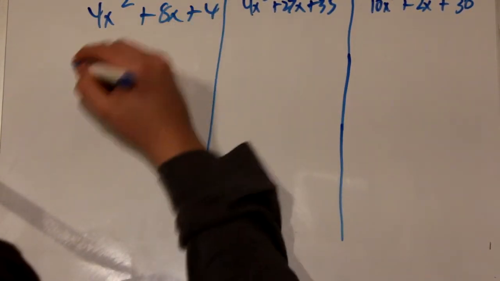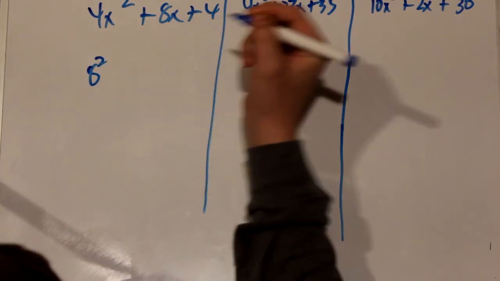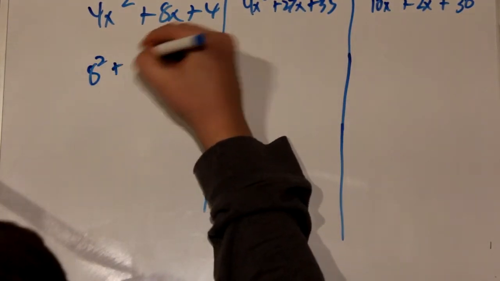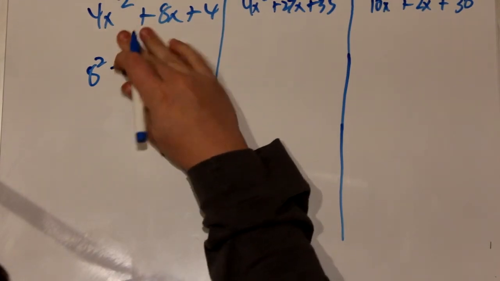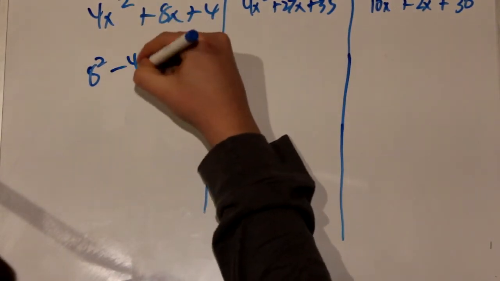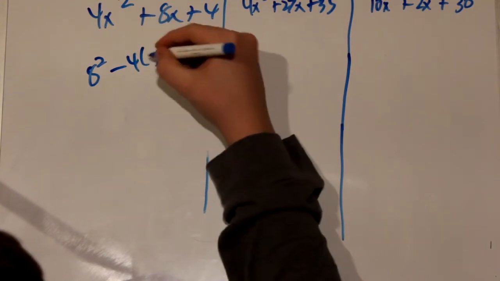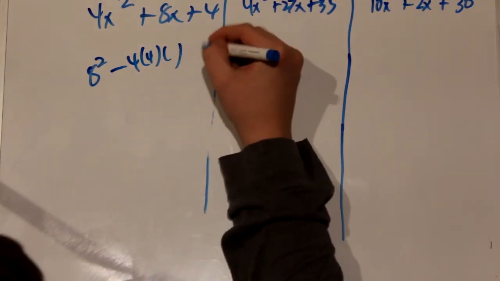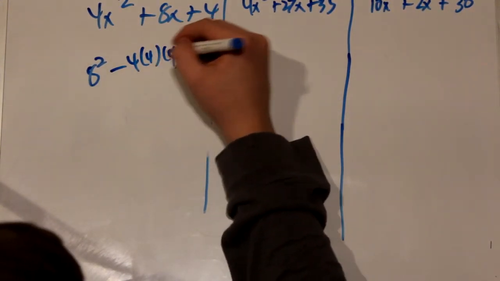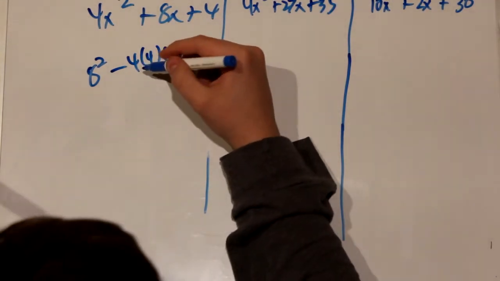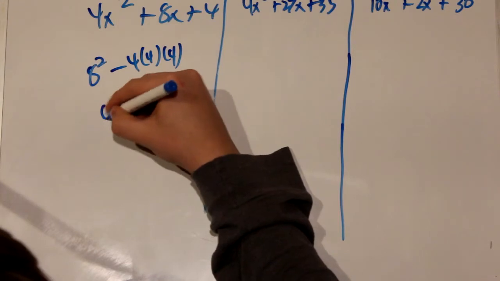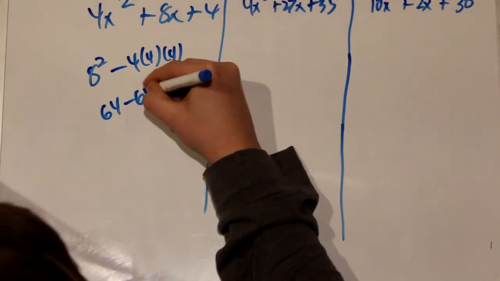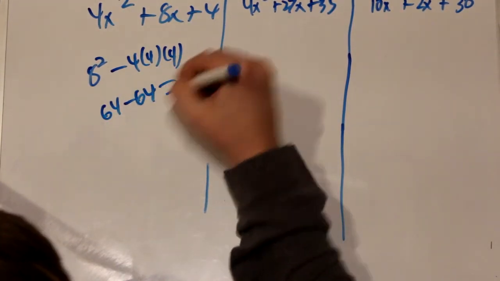So b, which is 8, squared, minus 4 times a, which is 4, times c, which is 4. 4 times 4 is 16. 16 times negative 4 is minus 64. 8 squared is 64. Minus 64, which is 0.